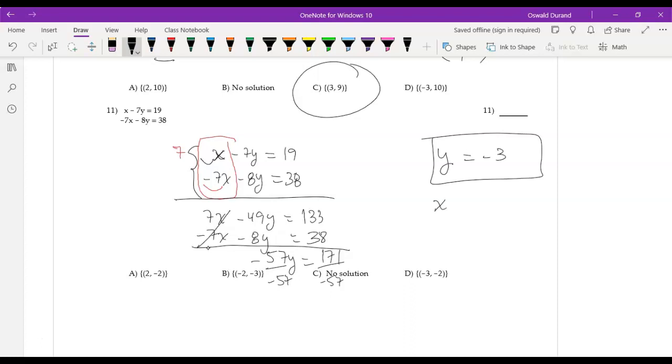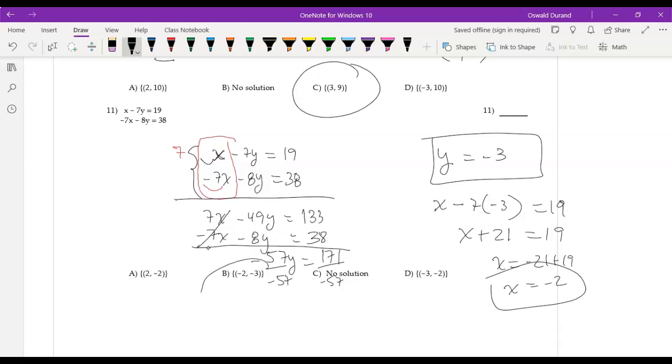I'm going to take the first one, x minus 7y, or negative 3 here, equal to 19. That's x plus 21 equal to 19. So x equal to negative 21 plus 19, that's x equal to negative 2. Okay, so my answer is going to be x equal to negative 2 and y equal to negative 3. So that's the one here. Okay, so that's that.